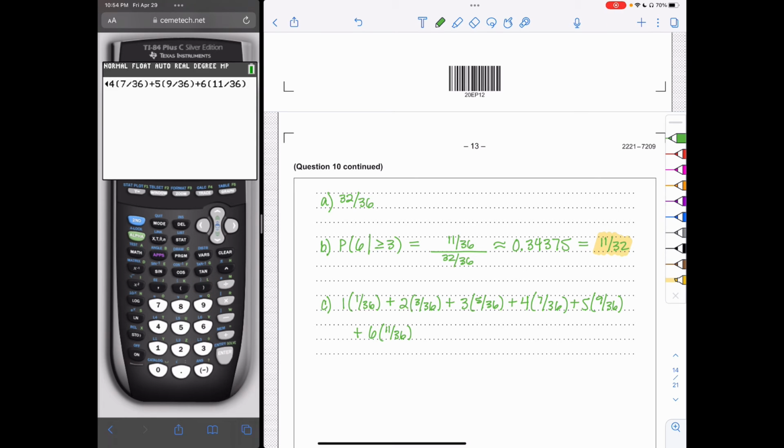Once we have all of our x values and their probabilities multiplied, we add them together, and we will end up getting that our expected score would have been approximately 4.47 to 3 sig figs.